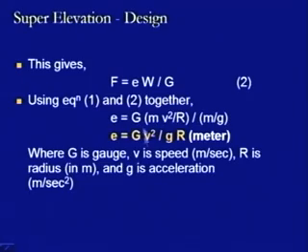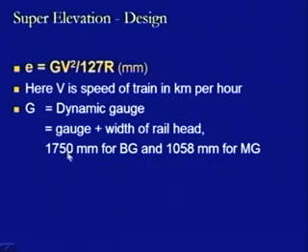Now, how is the value of G taken and what should this value of G be, we will be looking at that aspect. The value of G is here defined as dynamic gauge, where the dynamic gauge is the gauge plus the width of the rail head.